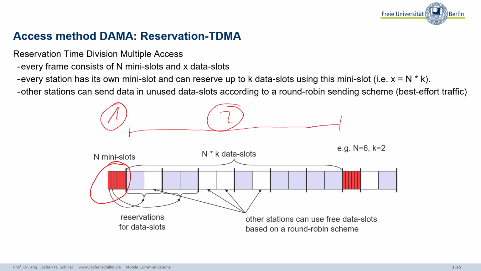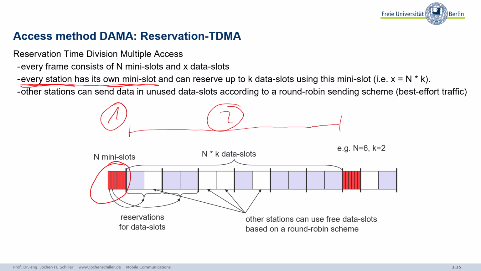That's one way. Or, and this is the example shown here, every station has its own mini slot. So as you see, you can adapt the schemes. There's not only this or that scheme, they all have their pros and cons.